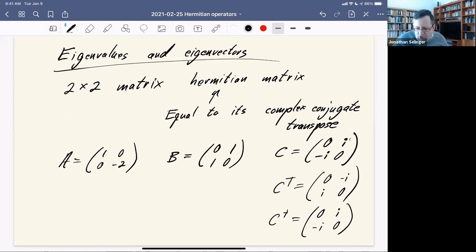So we want to know about the eigenvalues and eigenvectors.